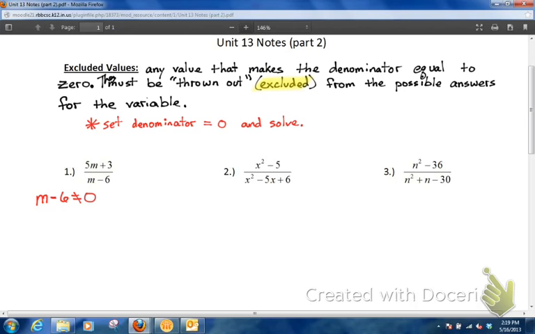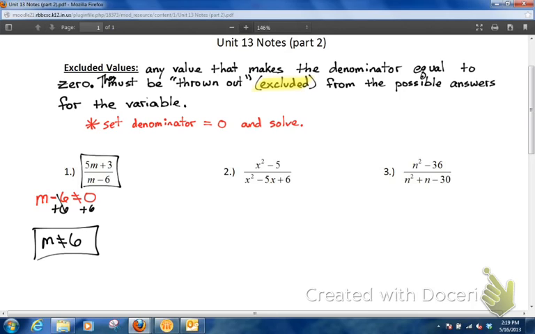This would be a quick, easy solve here. So you're saying m cannot equal 6, and that is simply your excluded value, and that's how you state it. This expression is simplified already. That is my answer, but m is not allowed to equal 6.